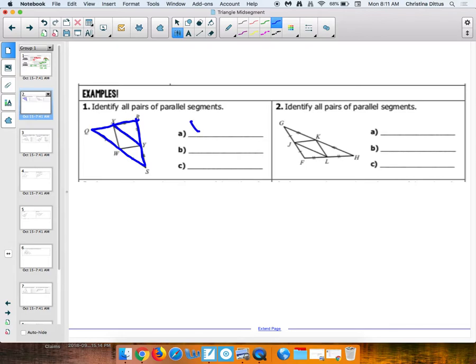So XY is parallel to QS. Now I have this little guy who's the mid-segment of a triangle, kind of going upside down. So what is it parallel to? QR.